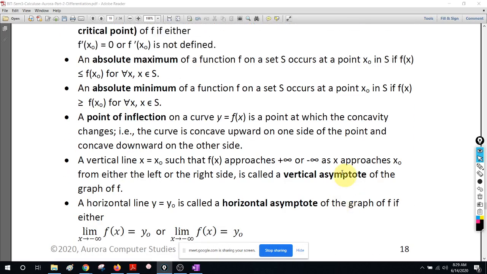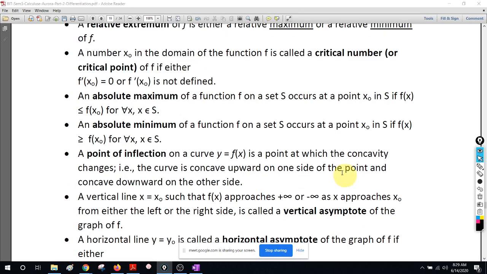So what are those three types of points? Something like this, which is a maximum, something like this, which is a minimum, something like this, which is a point of inflection.